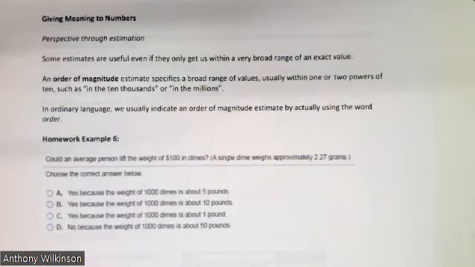Now here, the definition of an order of magnitude estimate specifies a broad range of values, usually within 1 or 2 powers of 10, such as in the 10,000s or in the millions. In ordinary language, we usually indicate the order of magnitude estimate by actually using the word order.